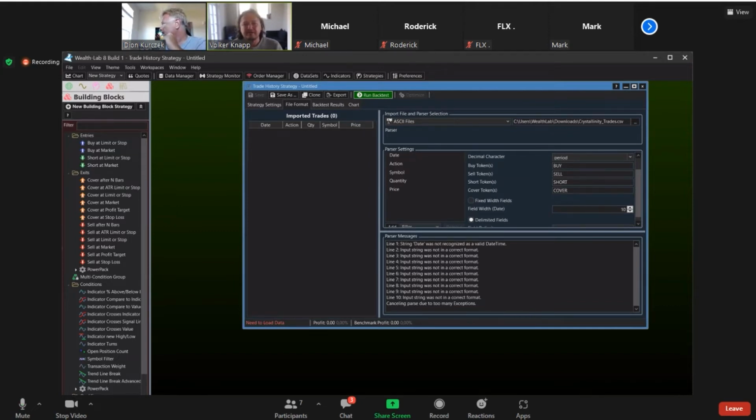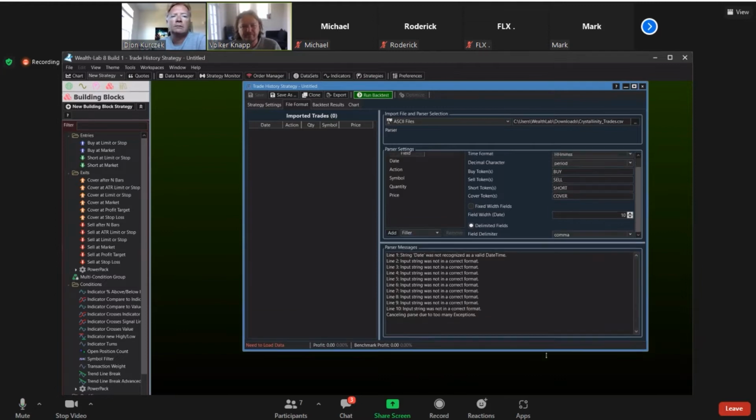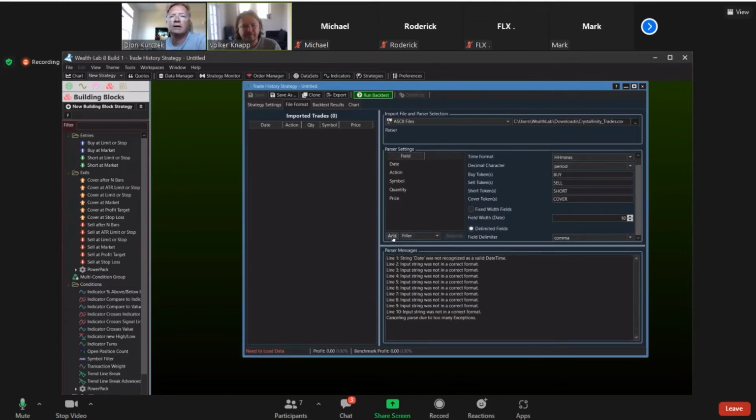We have the date, we have the action, the order type, the number of shares, the symbol and the price. Since we don't use order type here, why don't we just add a filler field to take the place of that order type? And then let's drag that up.